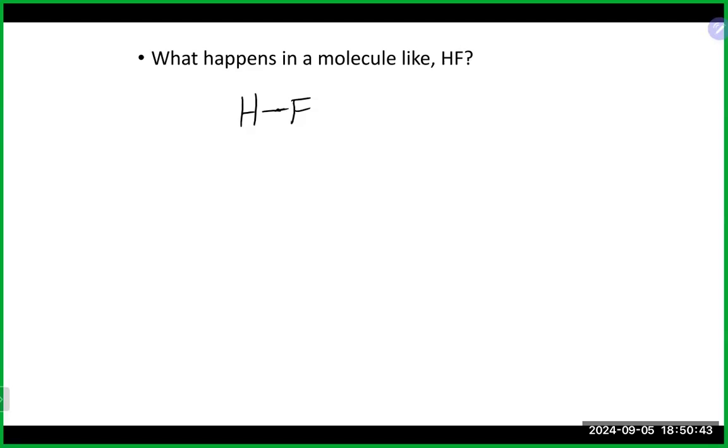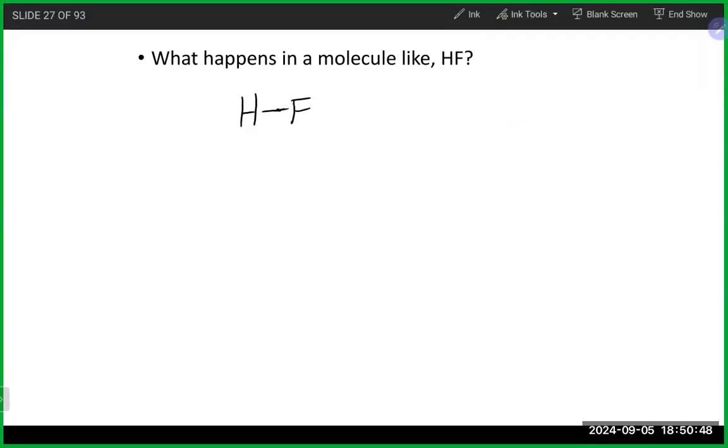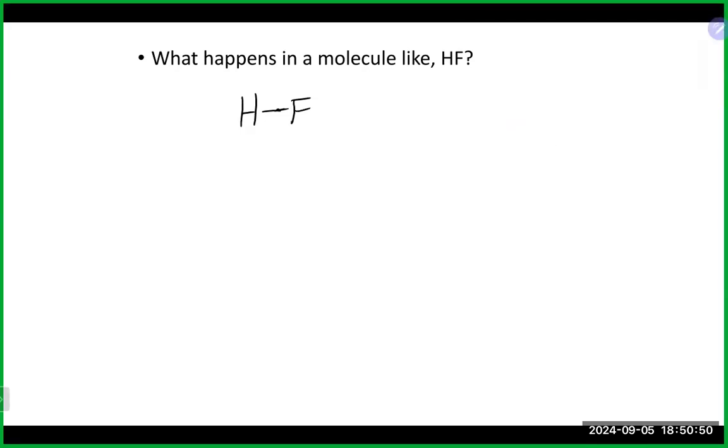So what's going to happen is, because fluorine is more electronegative in this bond, we will actually start to see the electrons heading a little bit more towards the fluorine side and a little less of them hanging out near the hydrogen side.